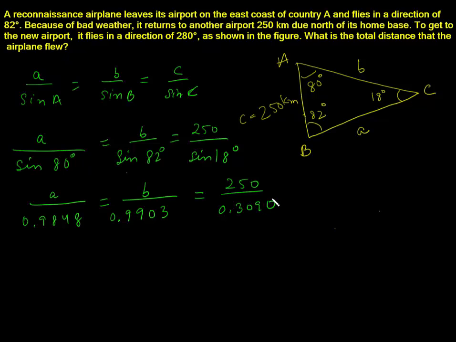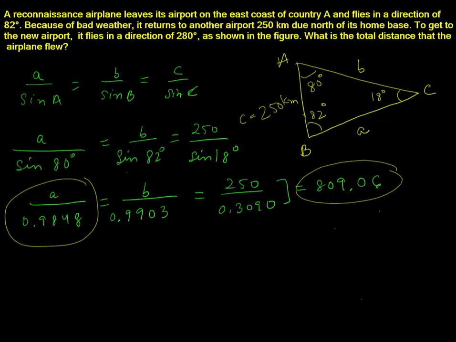This ratio, when we calculate it, comes out to be approximately 809. Now, I'm sure you know how to find the value of a from here. You look at this and this, cross multiply and find the value of a.